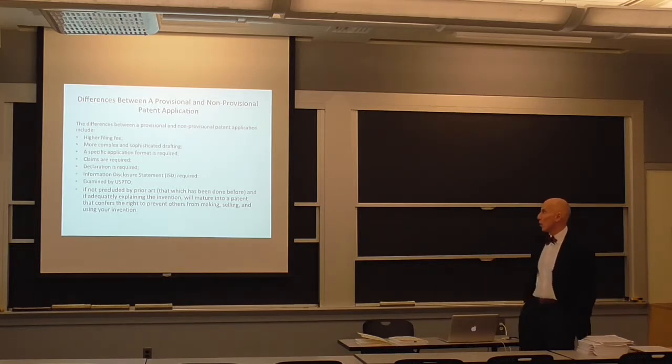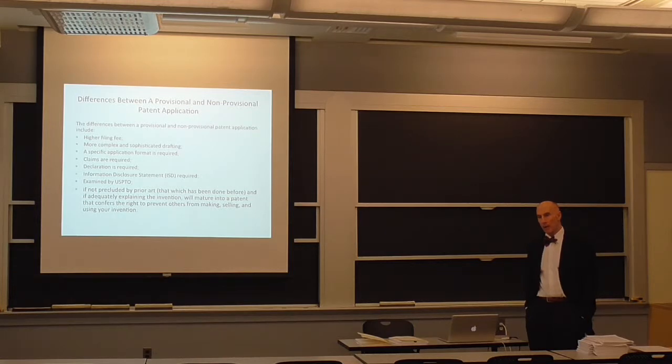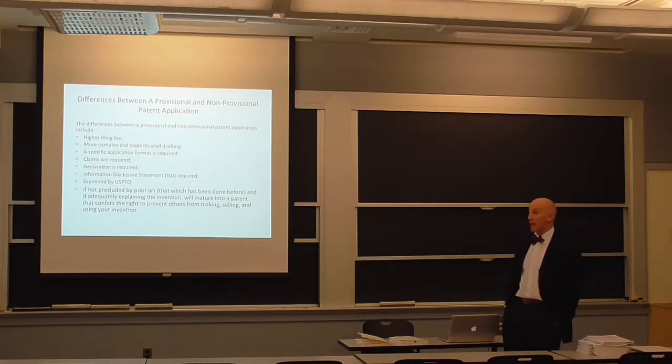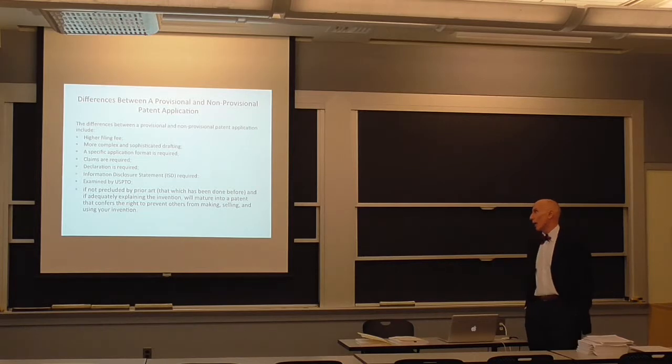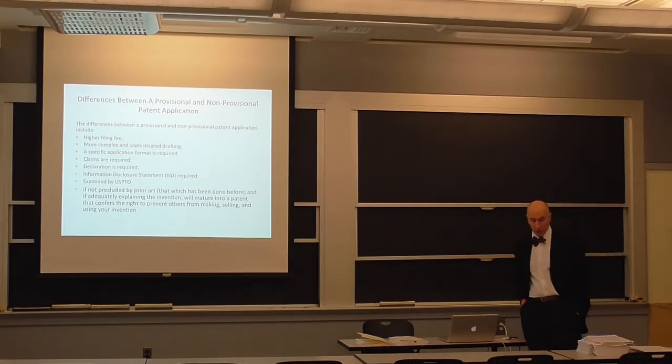A declaration is required. Again, it's a formality that I think maybe you can use in a provisional patent application as well. There's nothing that says you can't use it. Obviously, it is required, however, for a non-provisional application. The information disclosure statement, and in this case, they're all examined by the USPTO.